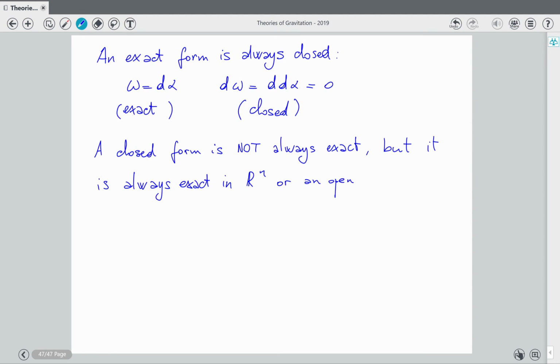So locally, in every chart, it is exact. Which is why in electrodynamics you don't care, because normally you work in Rn. But that's not true, because you can find configurations where you are not really working in Rn. So let's pause here, and in 10 minutes we start again.